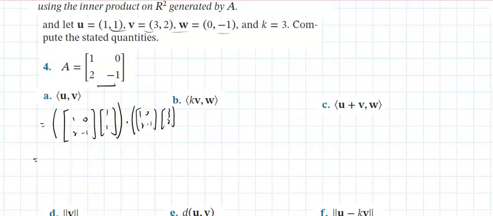That would be, let's see, a 2 by 1, right? Okay, that keeps on happening. That is 2 by 1. So that will be 1 plus 0, that's 1. 2 minus 1 is 1. And I'm going to dot that with 3 plus 0 is 3, and 6 minus 2 is 4.